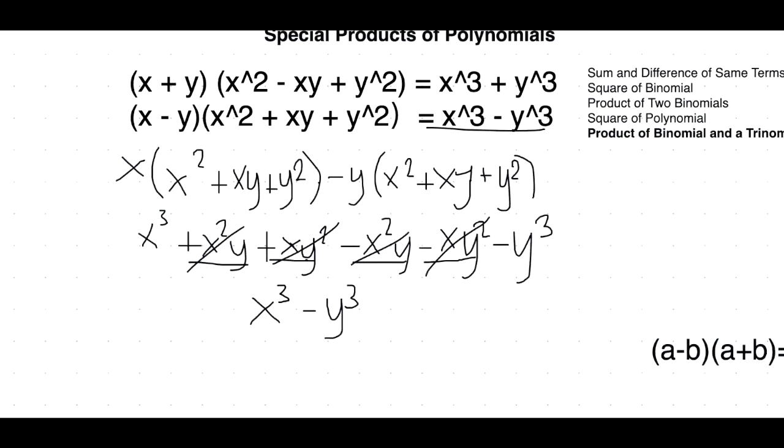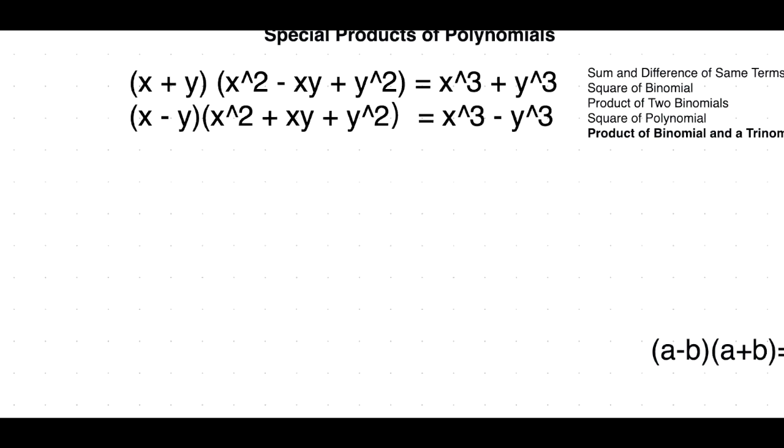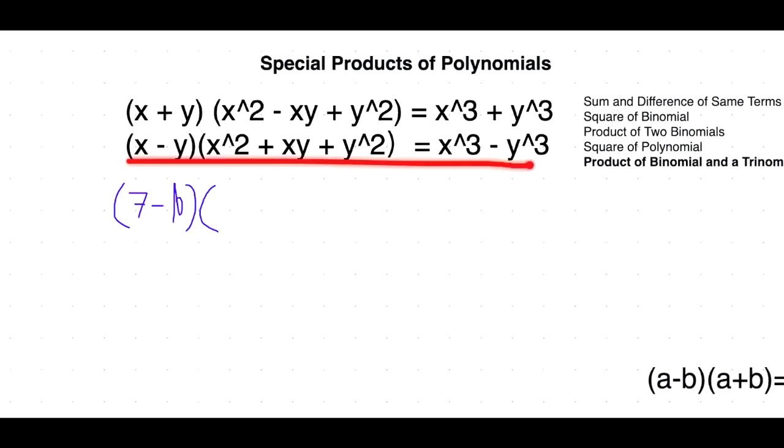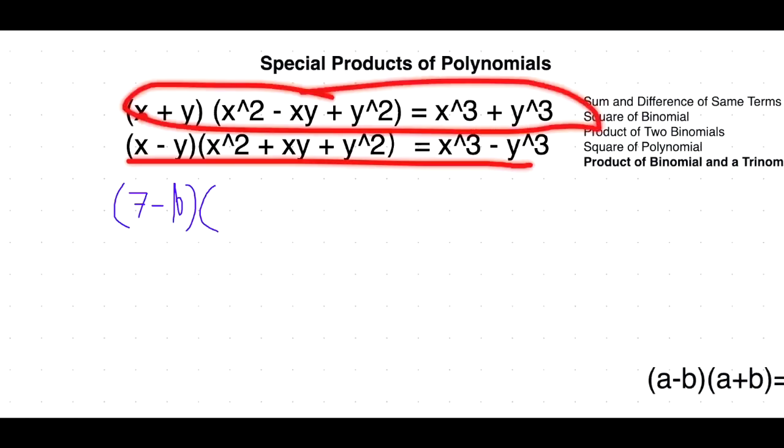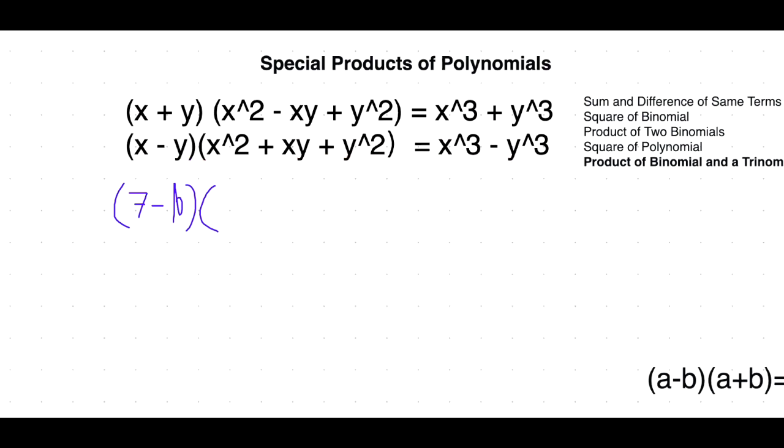So let's give an example. Let's just say in our example we get 7 minus b, and I am writing out an example for the second equation, since this one is a bit easier to get with the positive, times x squared plus xy plus y squared.